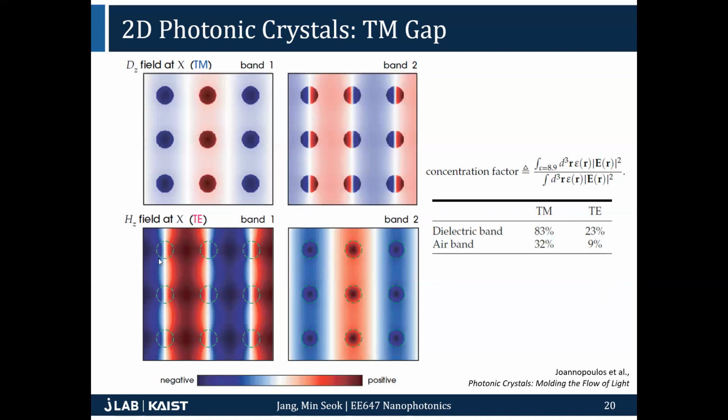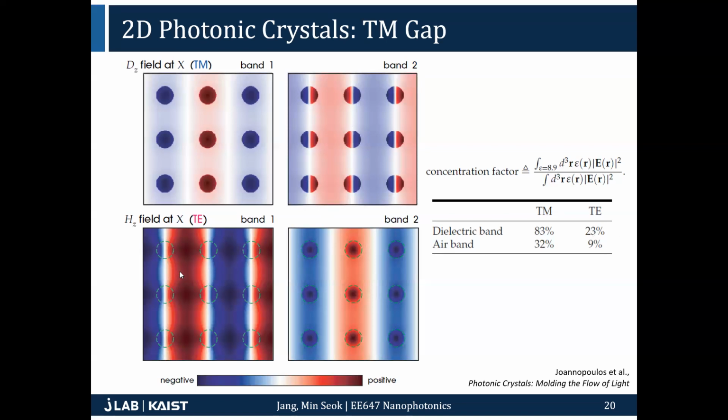Okay, so now if you look at this, the H field has a node at this point, in the cylinder position, and in band 2, the node exists in between the cylinder positions. So the overall thing is similar, but if you take the derivative of the H field to get the electric field and calculate the electric energy, then you realize that the electric field concentration factor of band 1 is actually pretty low.